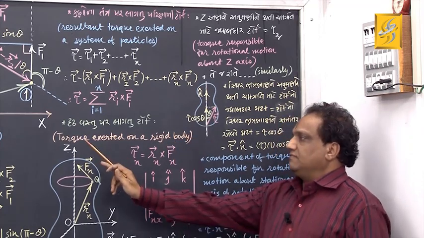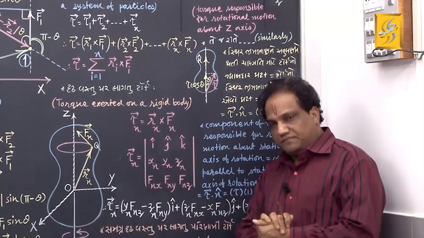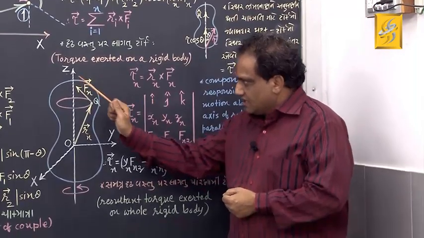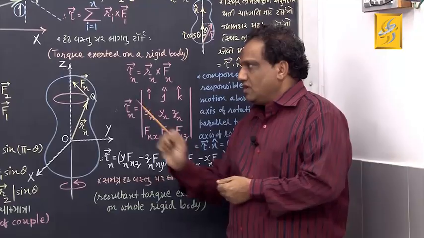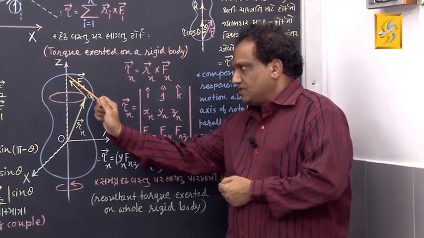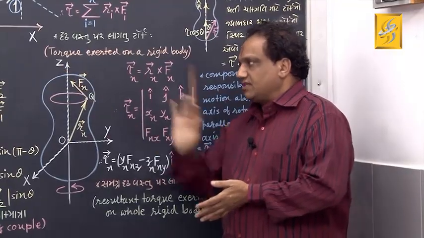And now we define what is called torque exerted on a rigid body. Consider this as a rigid body which at present performs rotational motion about, say, this stationary axis of rotation, say the z axis.